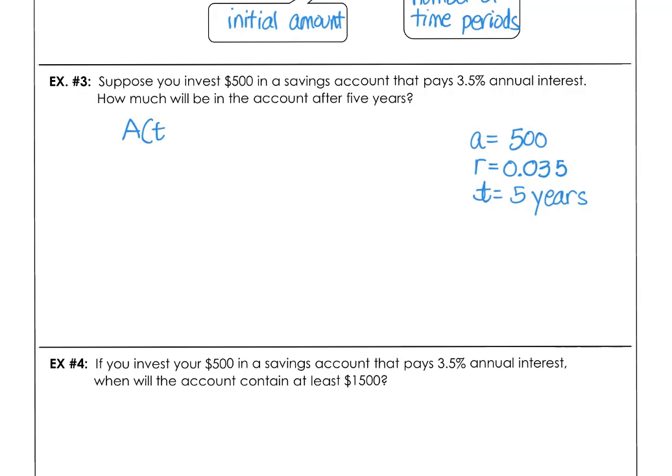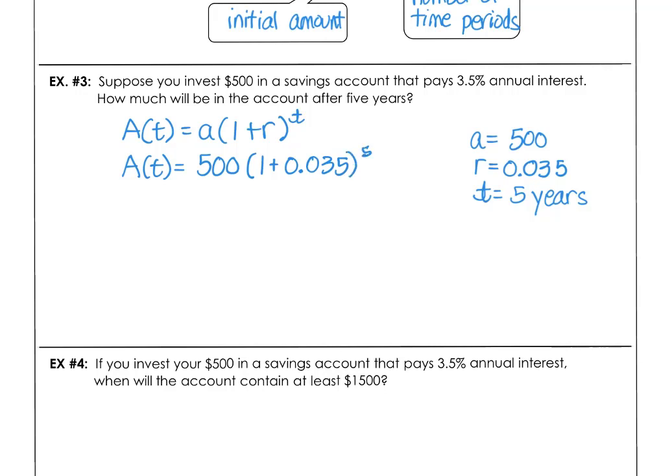The general form of our equation that we're trying to duplicate is a times 1 plus r to the t power. So our general formula, a of t, lowercase a is our initial investment, that's 500, and we have 1 plus our rate of growth, and we got to the t power right here.